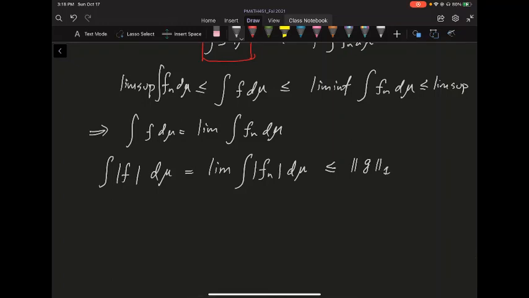This is a constant that doesn't depend on n, so the limit exists and is bounded, so it's not infinity. That tells you f is an L1 function. Let's not use the curly yet. So this is an L1 function, L1 of mu. This proves the Lebesgue dominated convergence theorem.